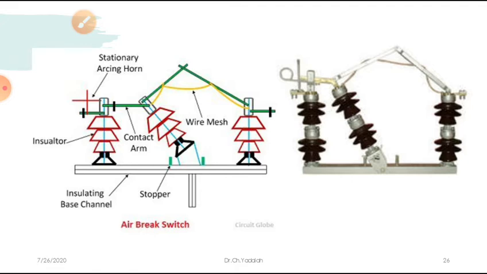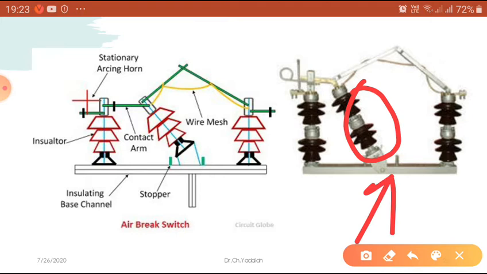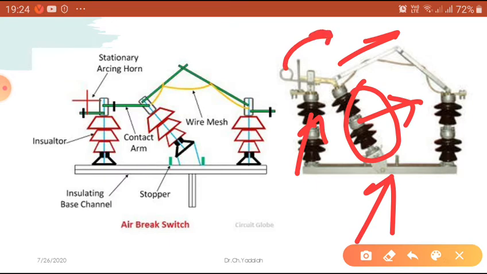Whenever this rod touches this one, for example when I want to open it, by giving the signal it moves in this direction, then this lever comes in this direction, and here is the fixed one. The horn will come in this direction, and the arc is developed in the gap between them.